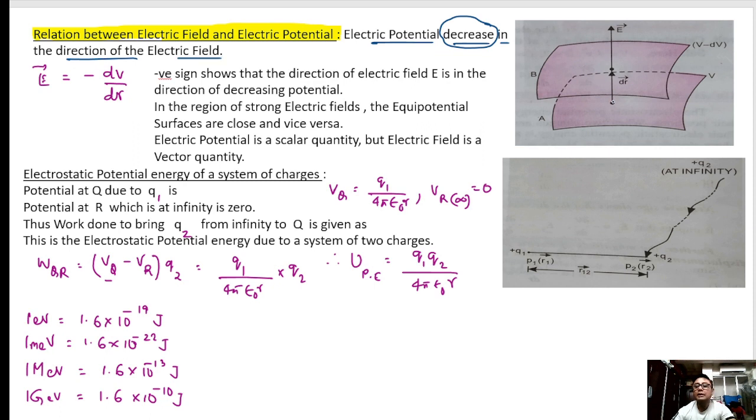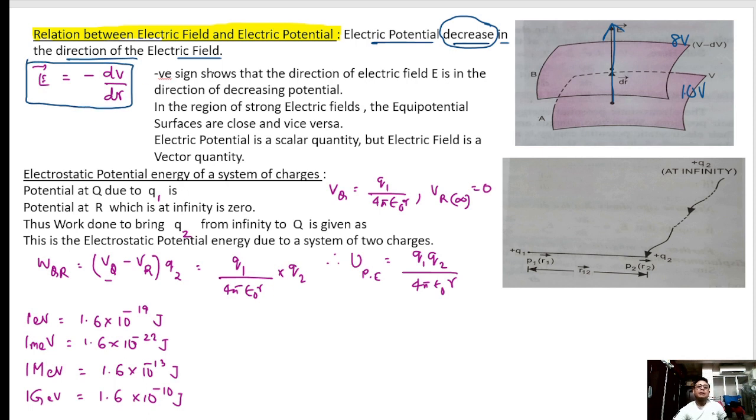If this is the electric field's direction, potential will decrease. Suppose here is 10 volt, here it will become 8 volt. That means if you go along the direction of the electric field, your electric potential will always decrease.